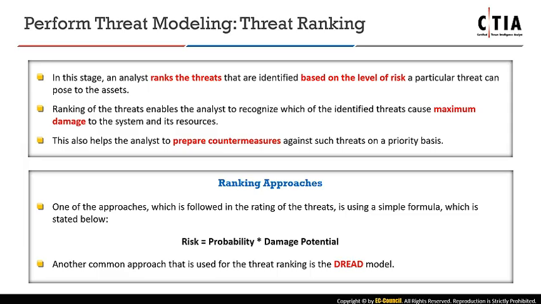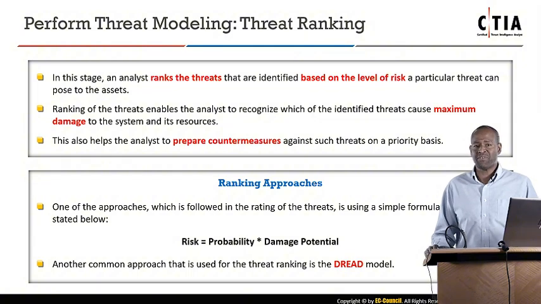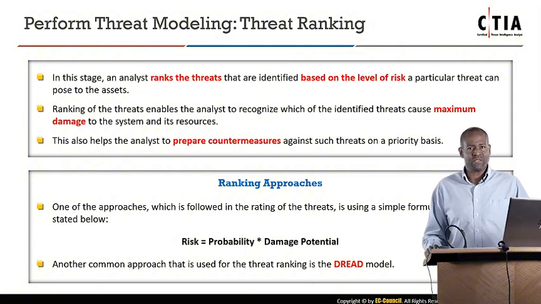So whenever I look at the term risk, like I've said a few times before, I always look at risk with a $ sign for the S, because that probability multiplied by damage potential is really going to give us monetary potential damages.